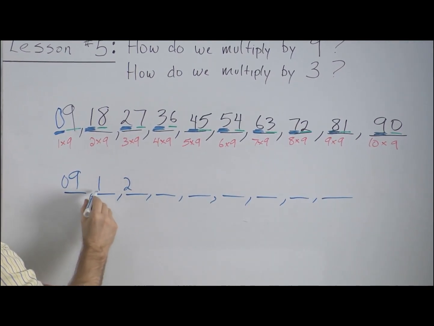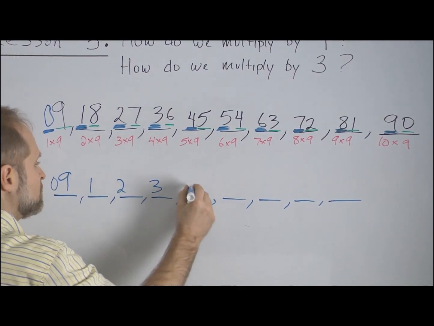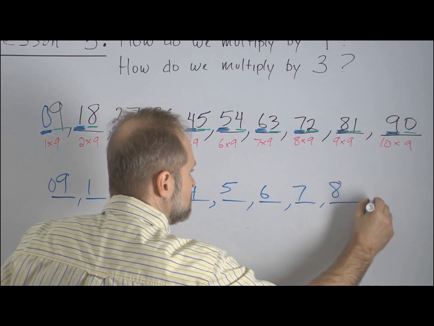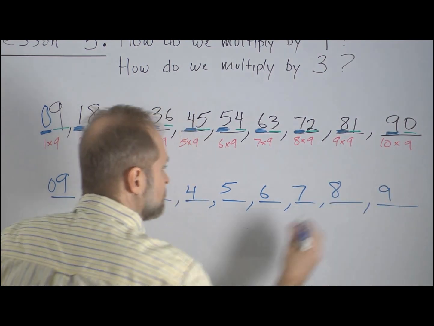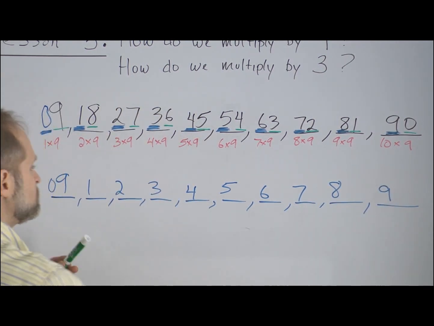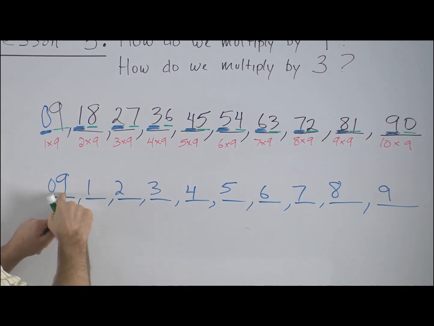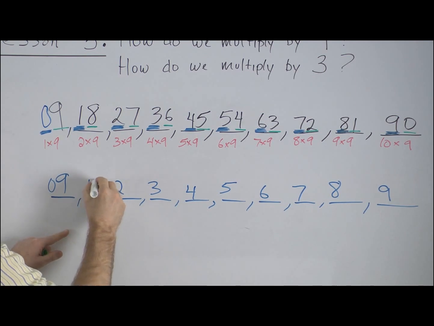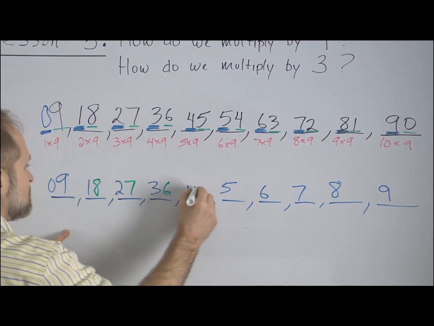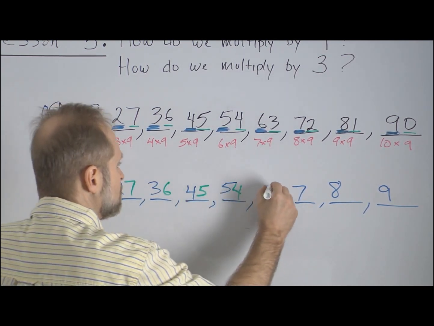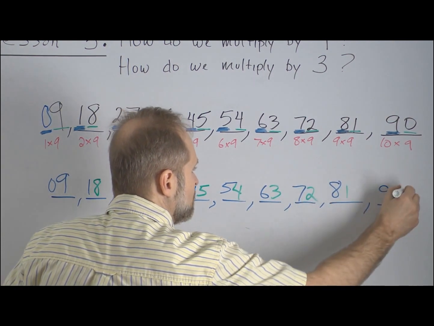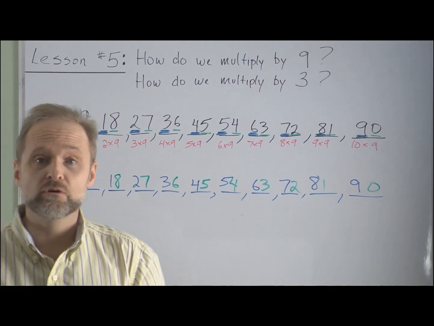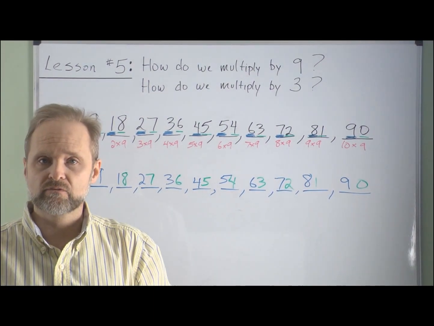We have a 0, 1, 2, 3, 4, 5, 6, 7, 8, 9. And then next what we can do is we can go ahead and write out the ones place. It's 9, but the ones place value goes down. So we have 8, 7, 6, 5, 4, 3, 2, 1, 0. And that makes it easier when you're trying to figure out your nines.